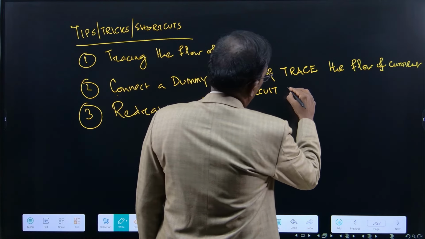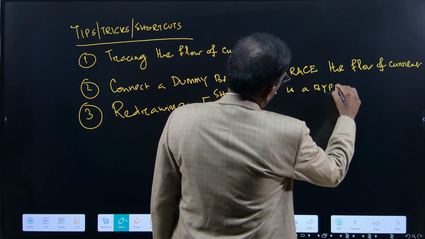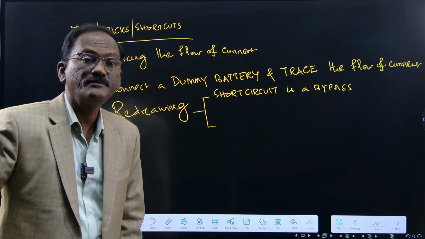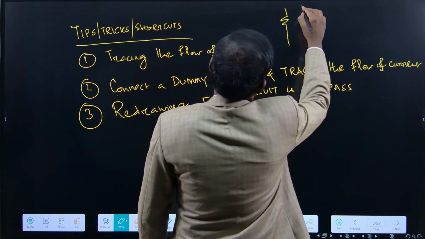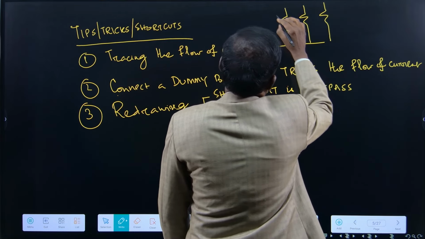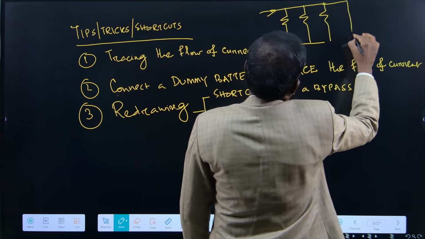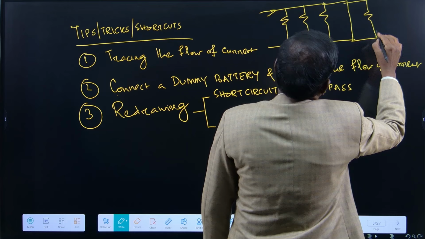A short circuit is a bypass. Bypass for what? Bypass for the current. For example, there is one circuit where in part of the circuit some resistors are available, some current is coming from here, and one short circuit is available, then some resistances.